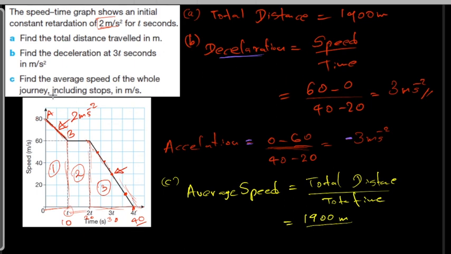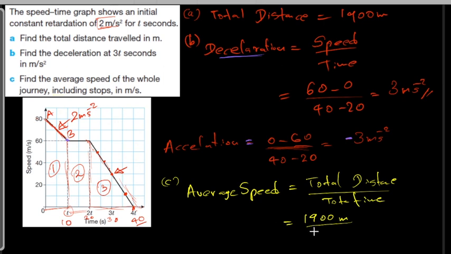They are asking to include the stops. In this one we can't see any stops, because in each case there was a speed, that means we don't have any stopped areas. But anyway, what is the total time taken? It's 40 seconds.